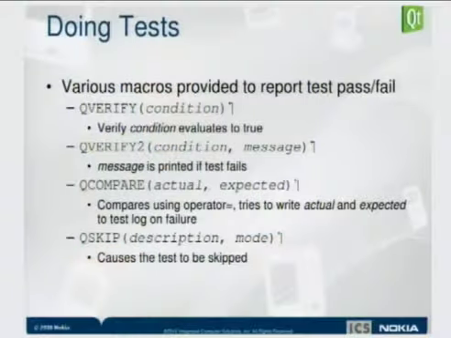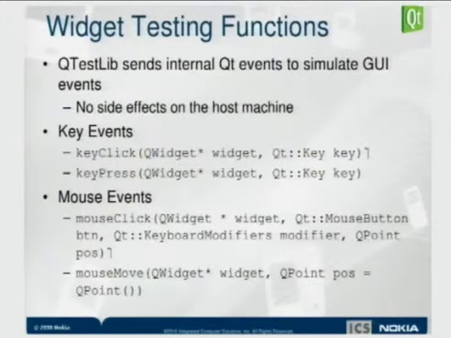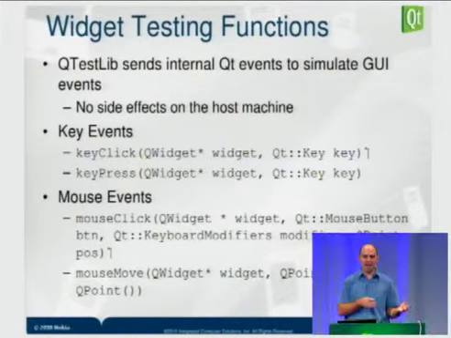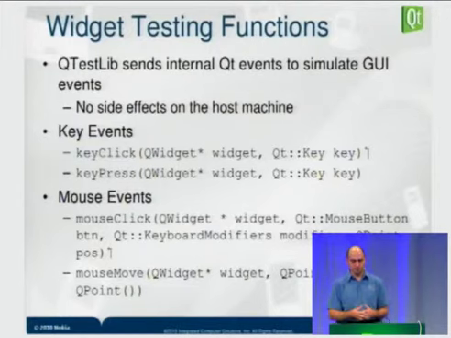That's what verify2 is for. If you want to test widgets, you have key click and key press. And the cool thing about these functions is that they're actually simulating the events inside of Qt. So you don't need to worry that while your tests are running, you can't touch the mouse. You can actually run these tests and use your computer, because it's not actually moving the mouse around. It's simulating it inside of the Qt event loop.